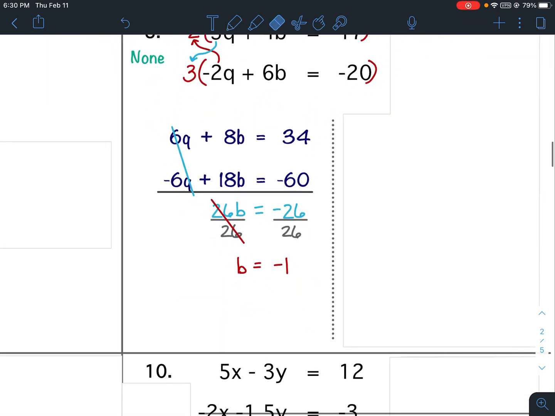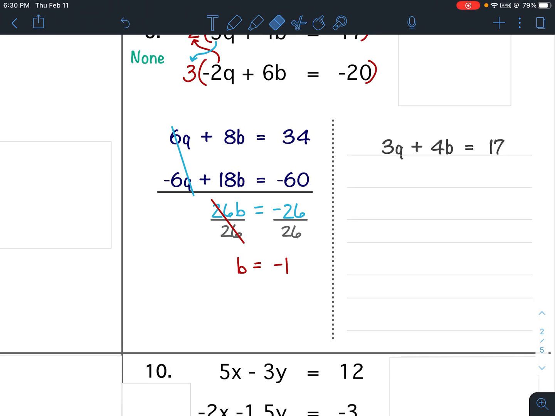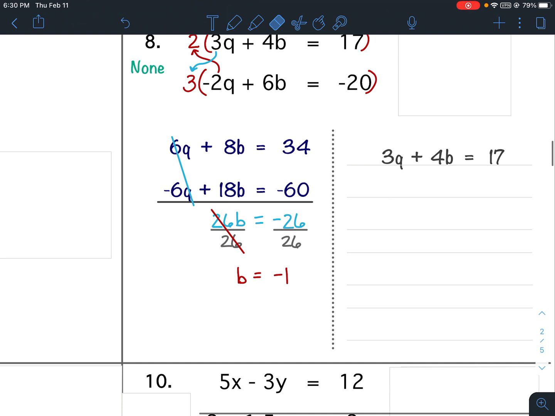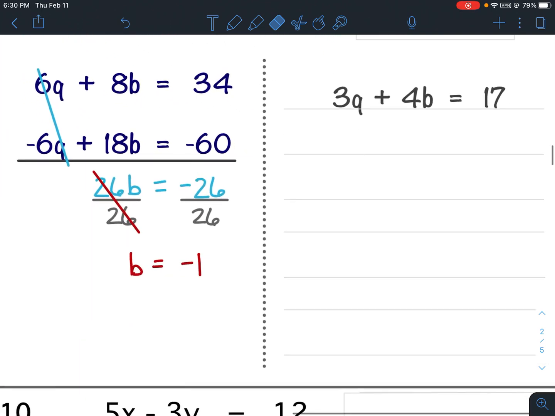Okay, since I solved for b, I now need to solve for the q. So I'm going to use the top equation. 3q plus 4b equals 17. I solved for the b, so where the b is, I put parentheses. So I'm still going to have 3q plus 4, and then I'm going to put parentheses, equals 17.